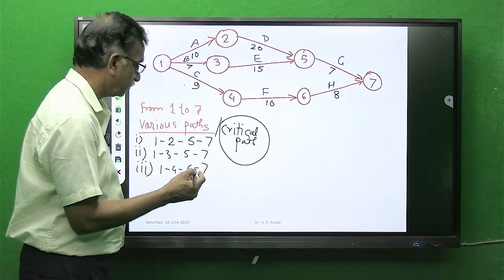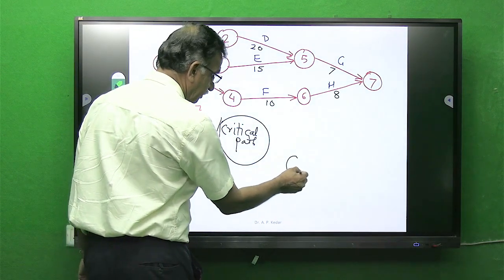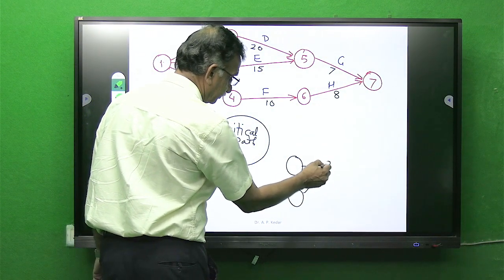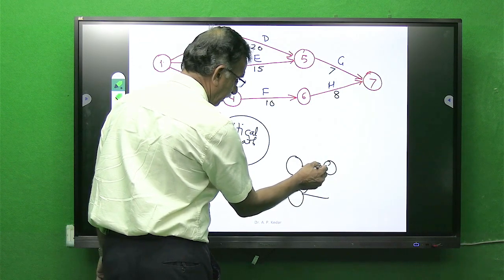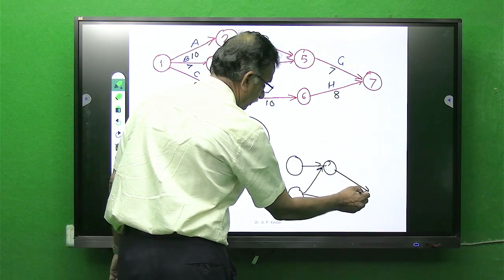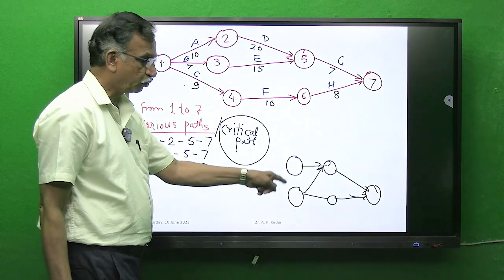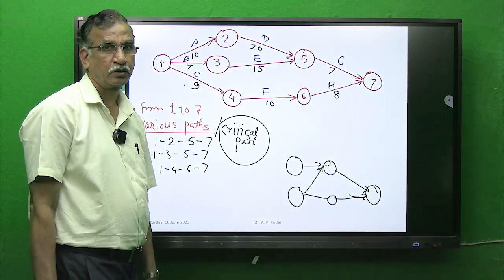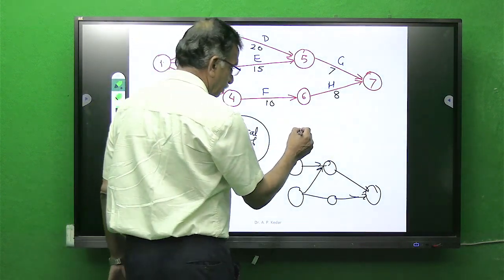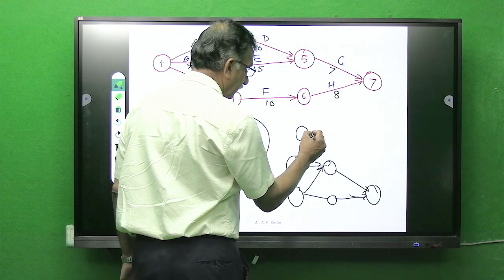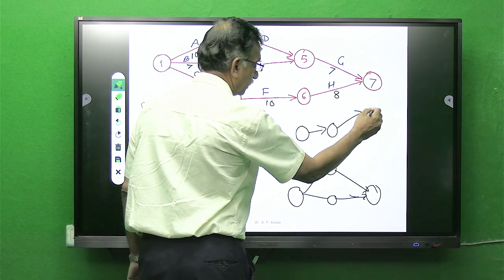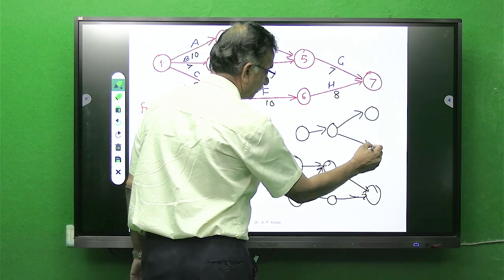You cannot have a network like this. Many times students do like this. This is the common mistake which students commit. Two starting events, totally wrong. Or students do another blunder like this. Two ends.